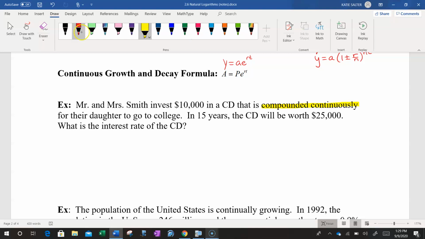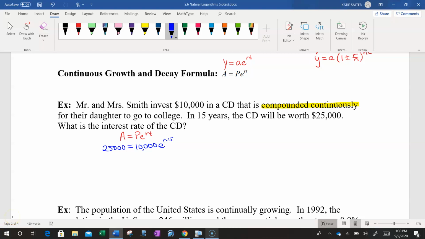So I'm going to go ahead and write down our formula first. We have A equals P e to the rt, where the principal in this case is $10,000, and it's eventually going to be worth $25,000. We do not know the rate, but we know that the time that has elapsed has been 15 years. I left my e out right there.